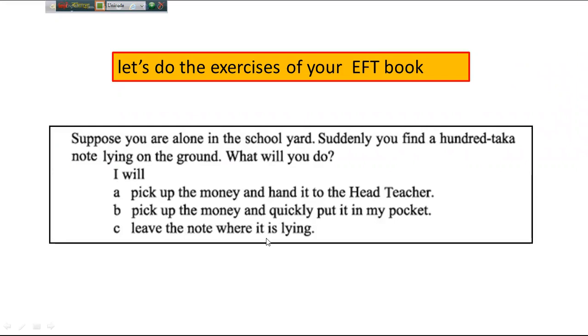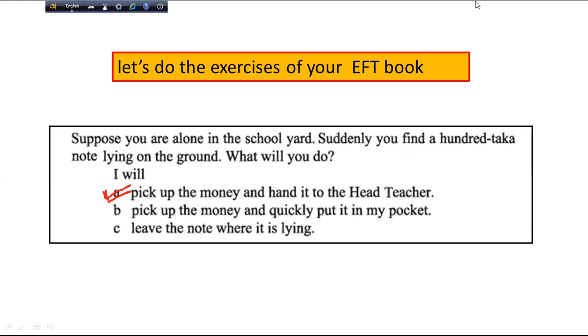Leave the note where it is lying. Okay, I think you all will choose the first one. Yes, pick up the money and hand it to the head teacher. Or you can also leave the note where it is lying. But I think the first will be the best thing you should do.